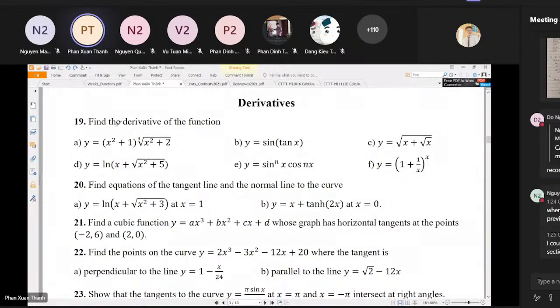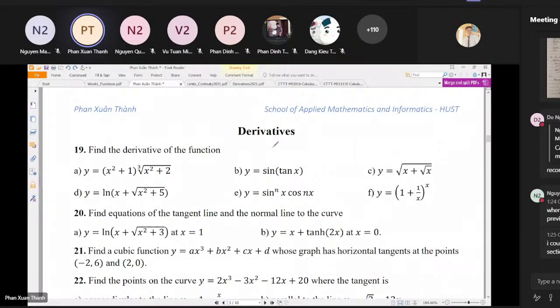We have to find the derivative of the function. You should remember the rules for differentiation: the sum rule, the difference rule, the product rule, and the quotient rule.